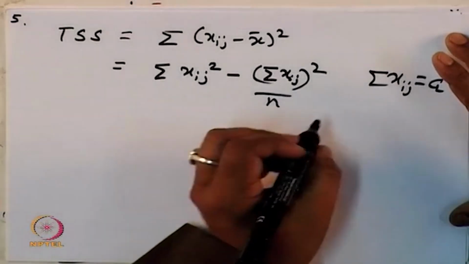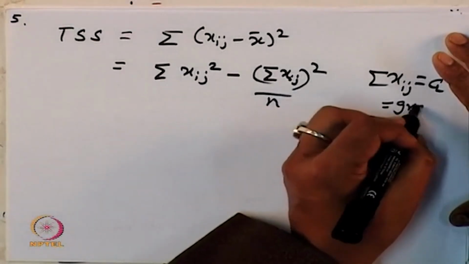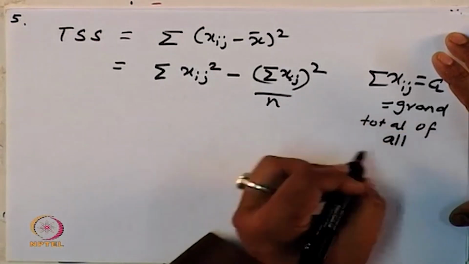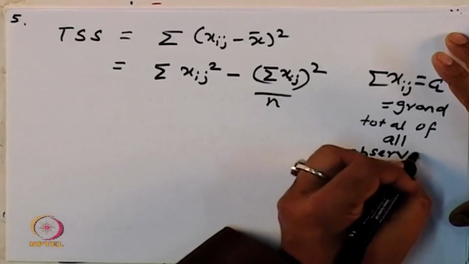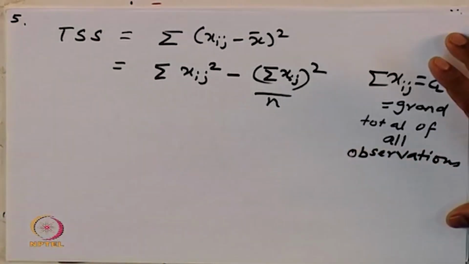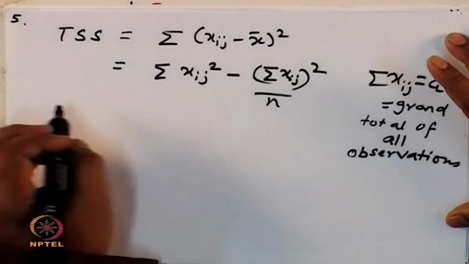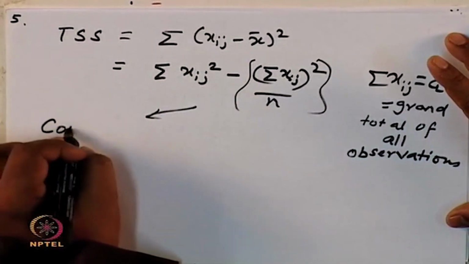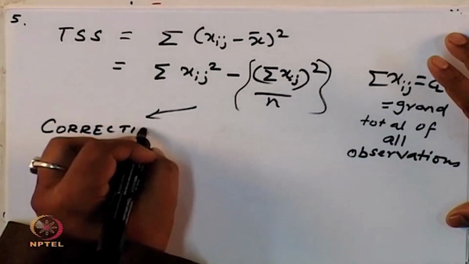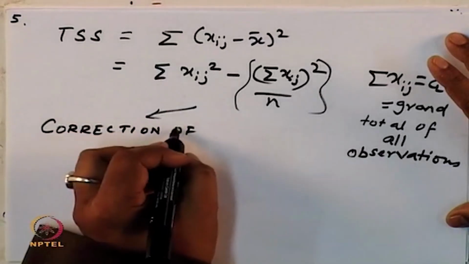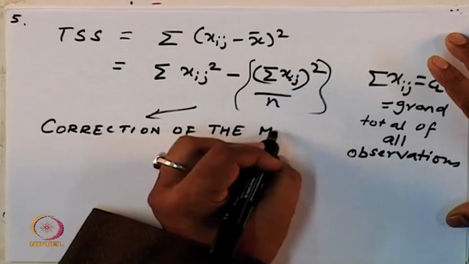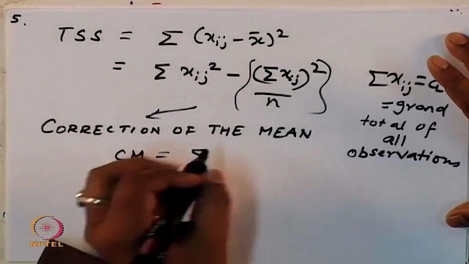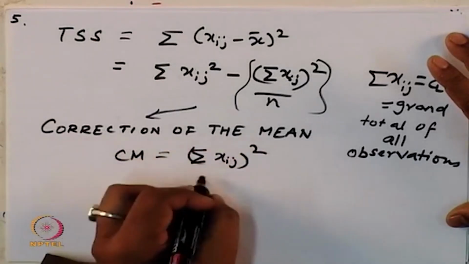So, G denotes the grand total of all observations. Okay. And this term, okay, so this term is referred to as correction for the mean and referred to as Cm. So, your Cm is given by summation of xij whole square by n.